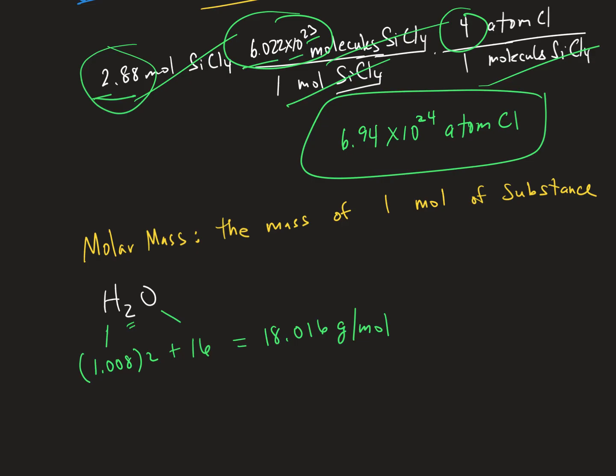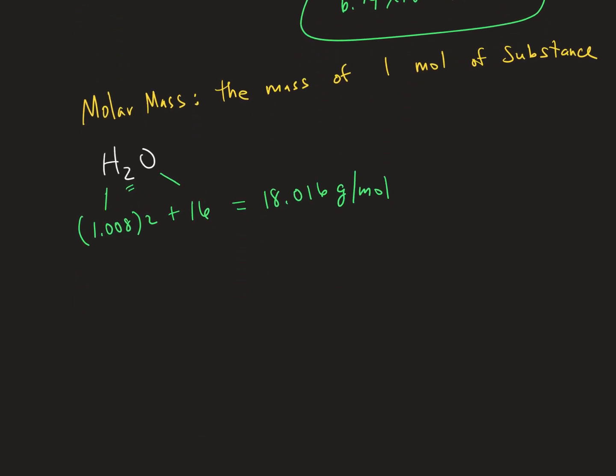And what is this? This is just a conversion factor, converting grams to moles or moles to grams. So we can write this as a conversion factor: 18.016 grams per how many moles? 1 mole.